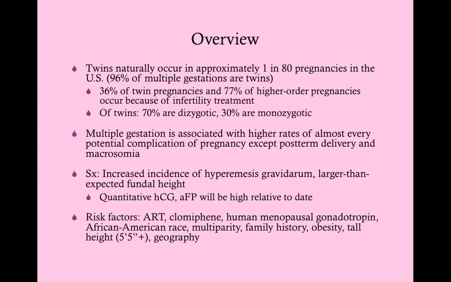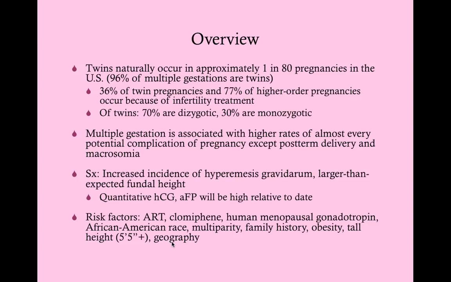Okay, so the mother's family history or the father's mother's family history, the paternal grandmother. There is a slightly increased risk if the woman is obese, if she's tall, and that height is really not that tall, 5'5", but the taller she gets, the higher the risk of twinning.